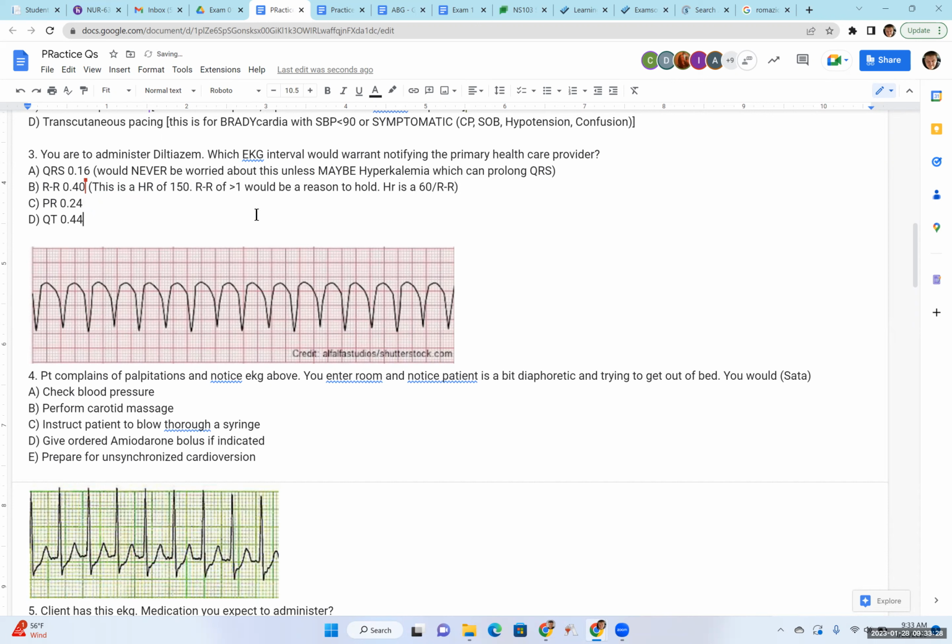All right, PR 0.24. That's a prolonged PR. And BCD drugs prolong PR. They should be held for PR interval greater than 0.20, right? And then it might not be diltiazem, so please don't memorize diltiazem.